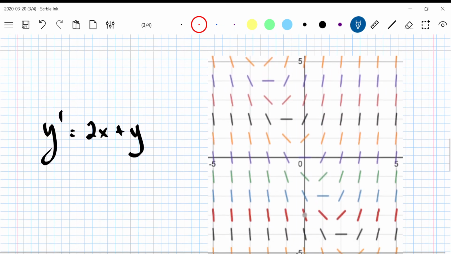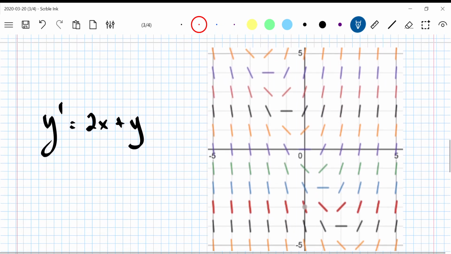If you got it drawn out, this is what it should look like. We only did -3 to 3, so that's the middle part of this graph. This one shows -5 to 5. But it's basically a big graph of a lot of little slope lines. Each one of these is, to be honest, a separate particular solution.